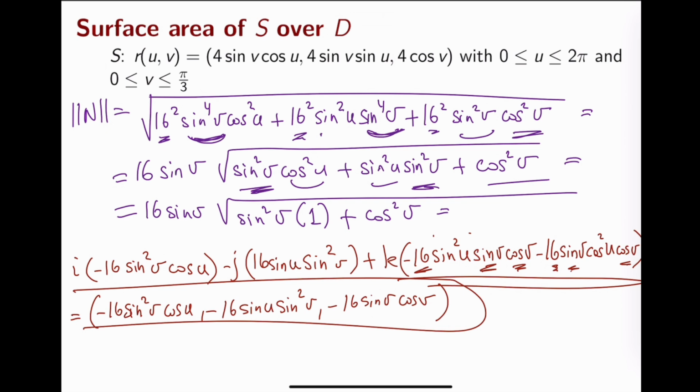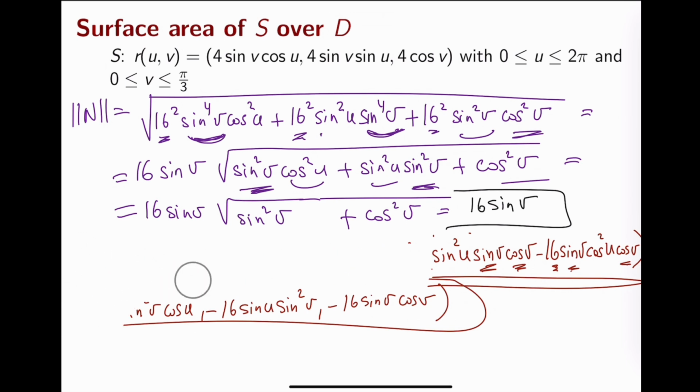So at the end of the day, this is just a 1, so we have just sine squared plus cosine squared, which is 1. So at the end of the day, this is just 16 sine v. So this is then the norm of n. So this is what we need to integrate.